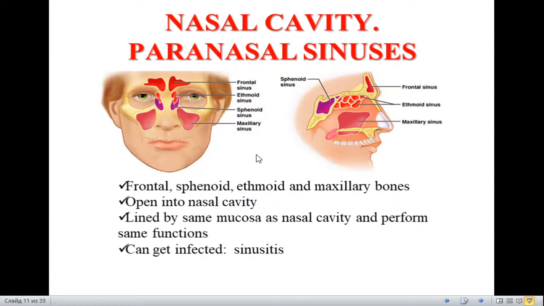The paranasal sinuses are lined by the same mucosa as the nasal cavity and perform the same functions: moisturizing, warming, cleaning, and modifying the air. And the same as the nasal cavity, they can get infected and we have sinusitis in such a case.